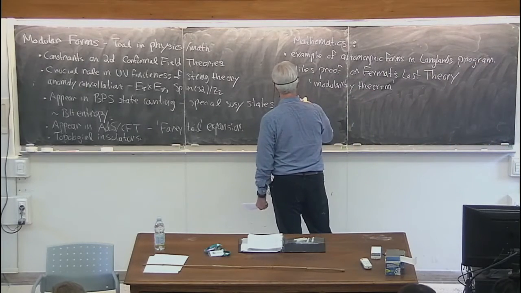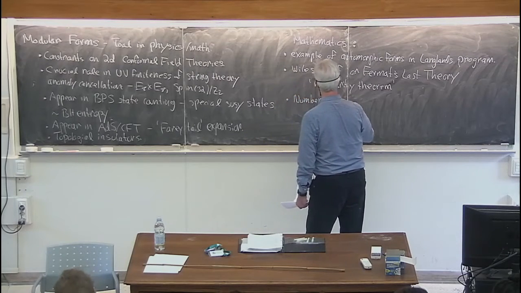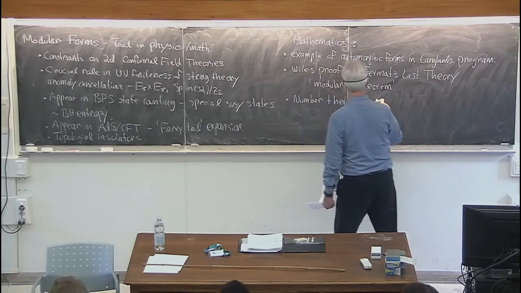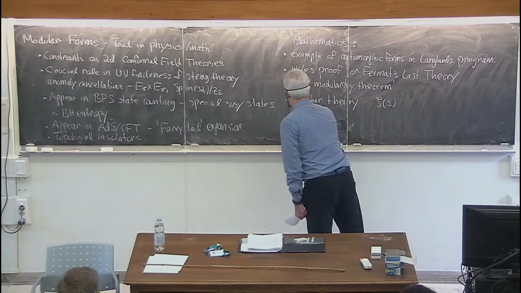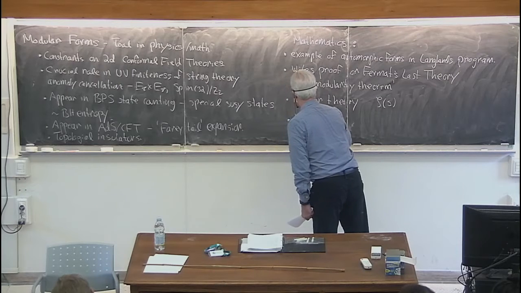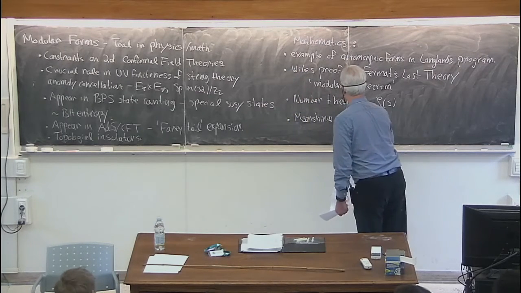There are many areas in number theory where modular forms appear. For example, in the analysis of the Riemann zeta function. And they show up in moonshine, which I'll say a few words about in these lectures.